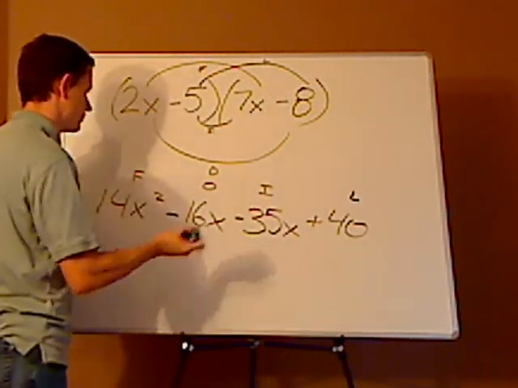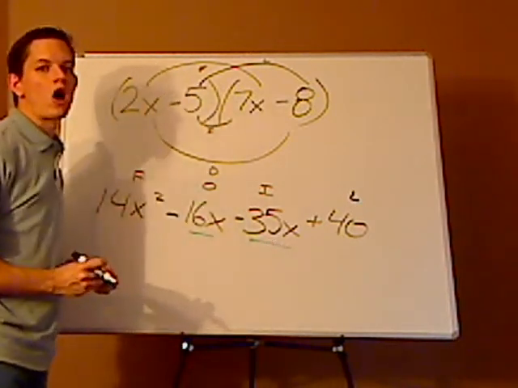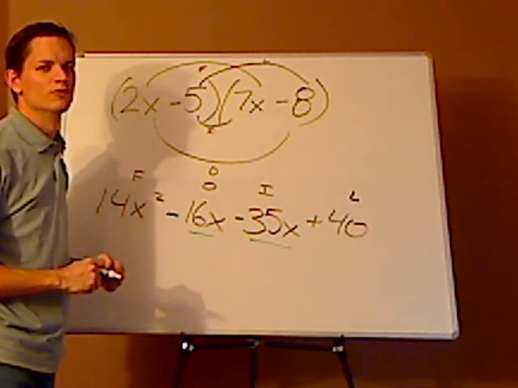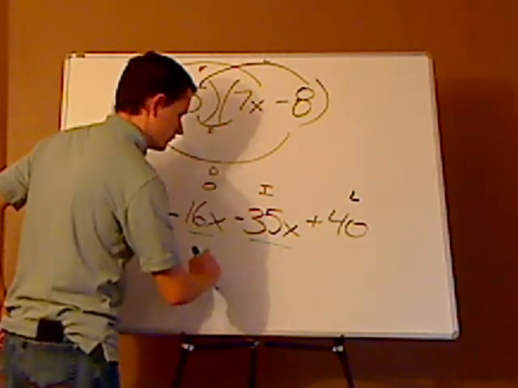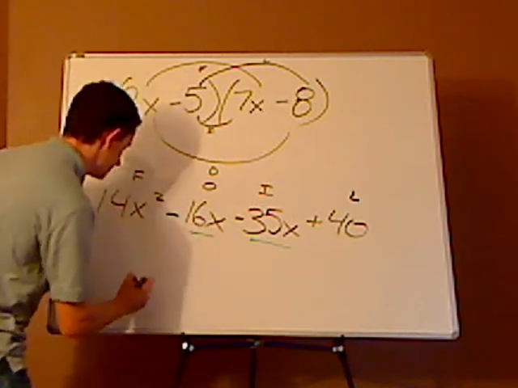When you simplify, you combine like terms. Often, what you're going to do is combine the outer and the inner, and that will give you your middle term.